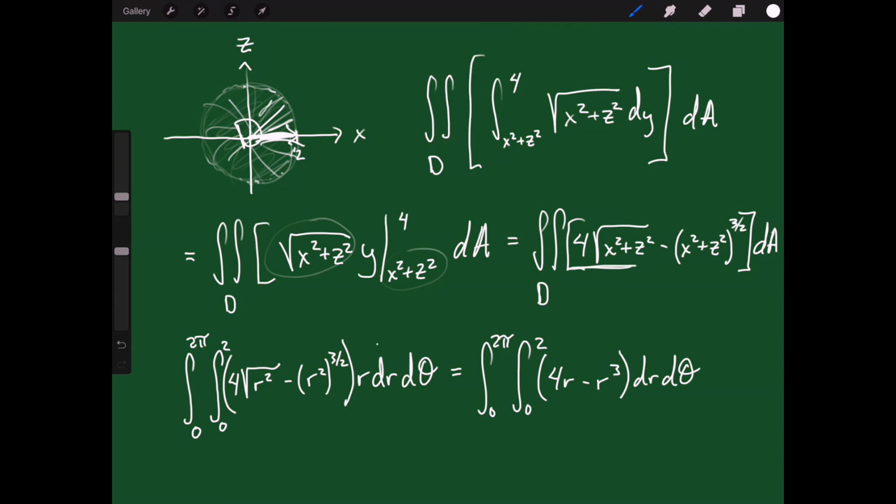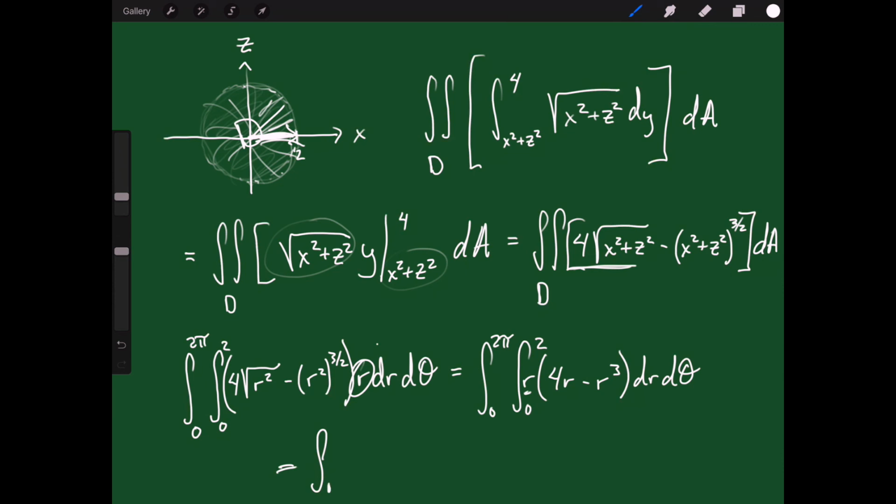I'm sorry, something went horribly wrong, and that is that I forgot an r, right? I forgot to multiply everything by r, but this r kind of fell off, but it's right here. And so let's rewrite it one more time here.